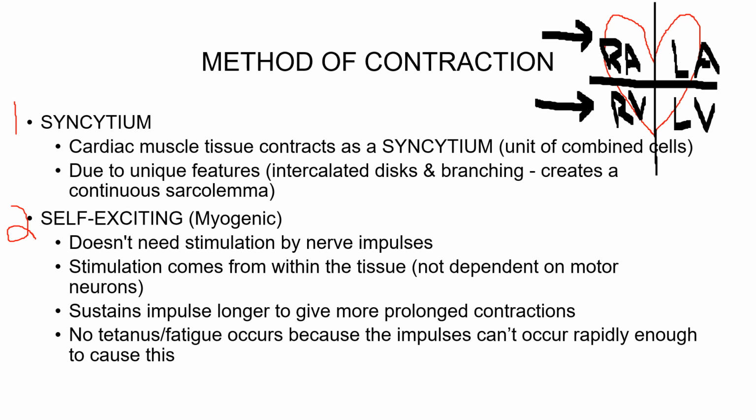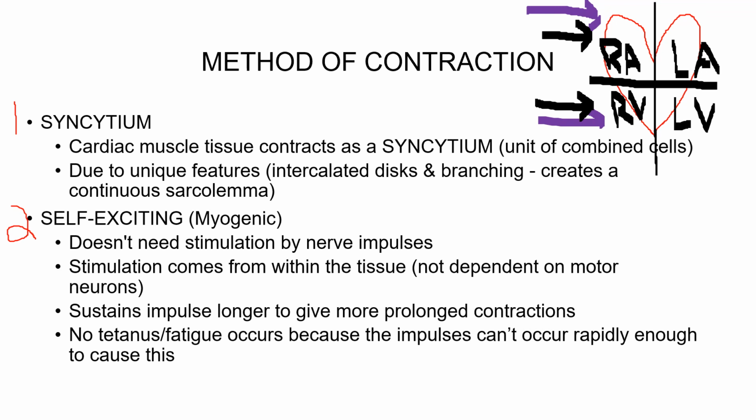And then it flips. When the ventricles contract, the atria are relaxing. So the heart needs to be able to communicate with itself. It needs to be able to have all of the ventricle cells contract at the same time, while shutting down the atria.